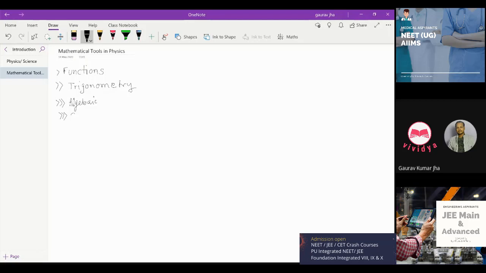Then we'll start calculus, and we'll be ready to enter into calculus, which will be our bread and butter for understanding physics. Calculus is of two parts: one is differentiation and one is integration.